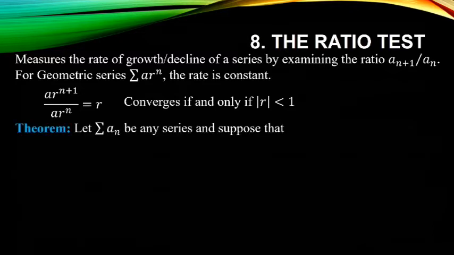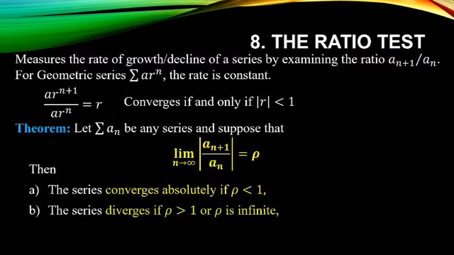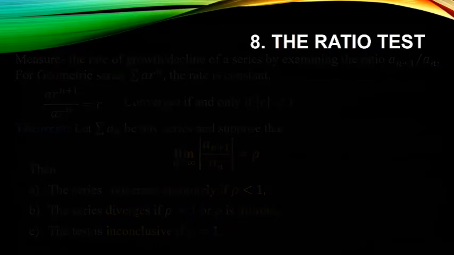So, the theorem for the ratio test: let the summation of a sub n be a series and suppose that the limit of the absolute value of the ratio a sub n plus 1 over a sub n as n approaches infinity is equal to rho. Then the series converges absolutely if rho, or the limit, is less than 1, and the series diverges if rho is greater than 1 or rho is infinite. The test is inconclusive if rho is equal to 1.